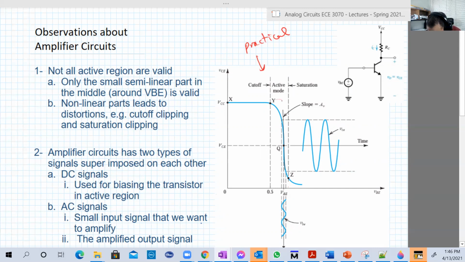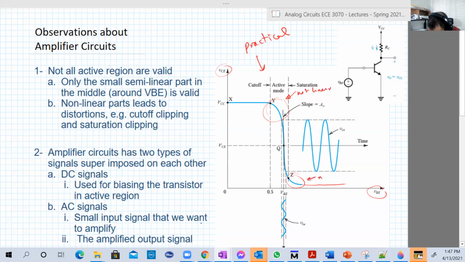There is some non-linearity. In this non-linear region, it's an active region, but the relation between VO or VCE and V input or VBE is not linear.